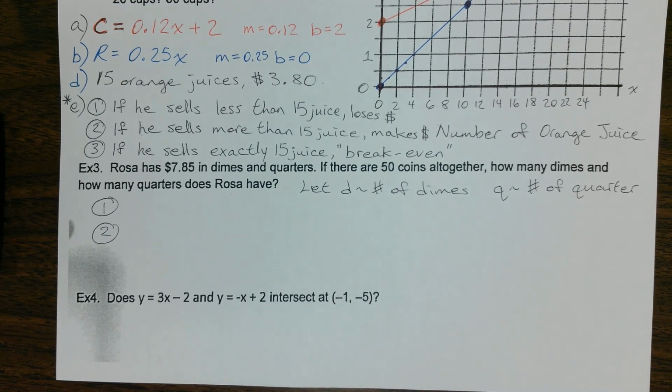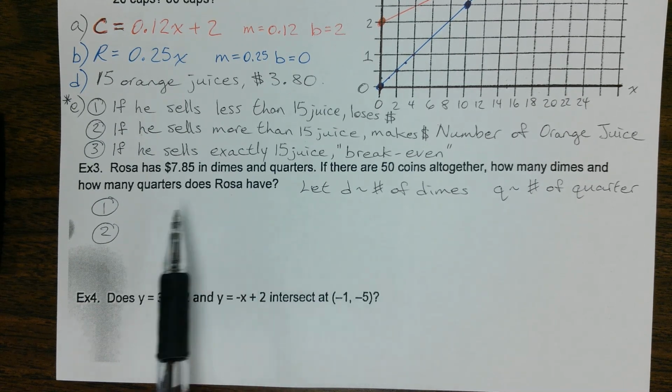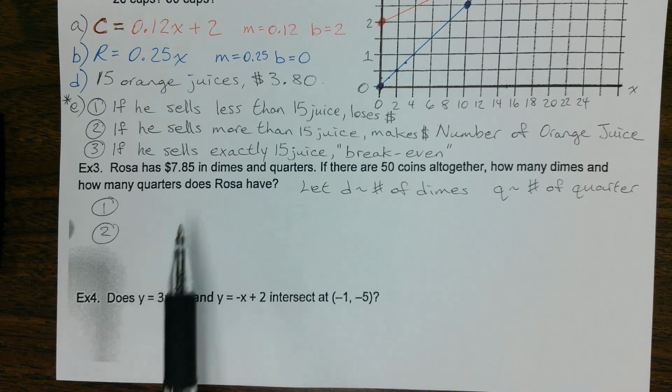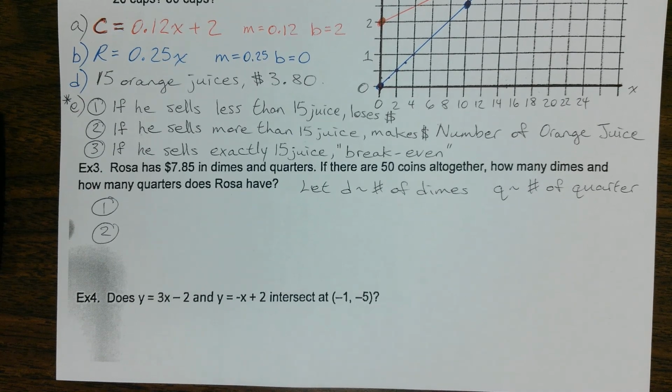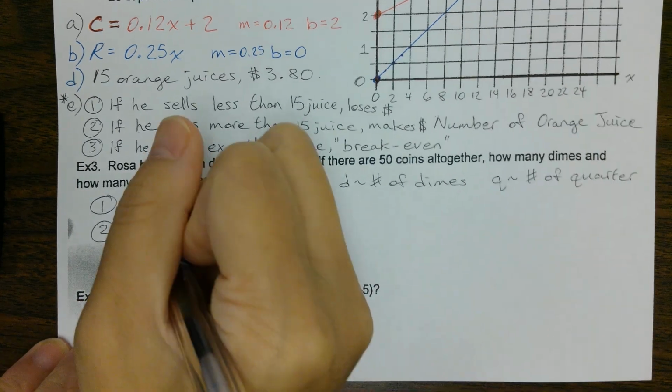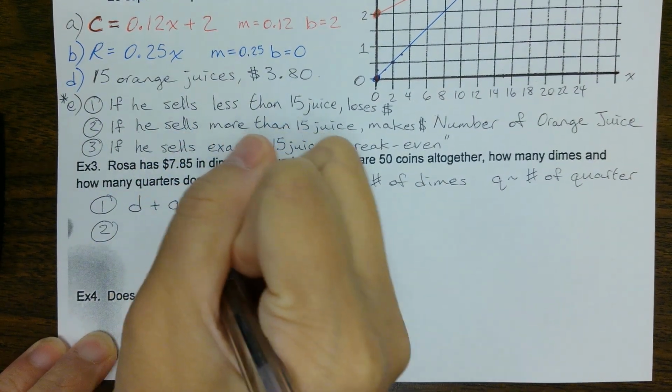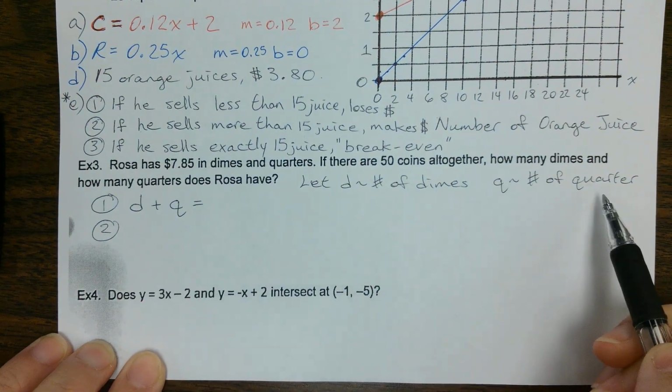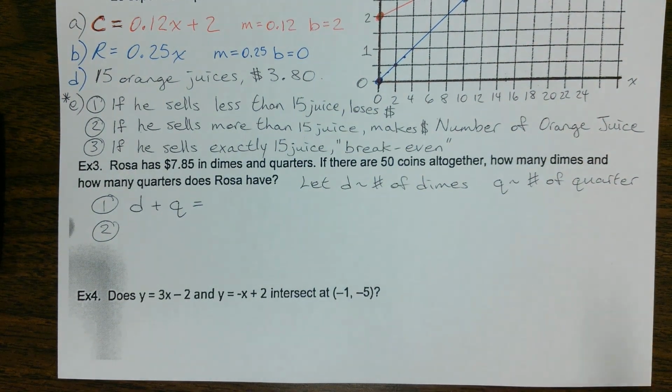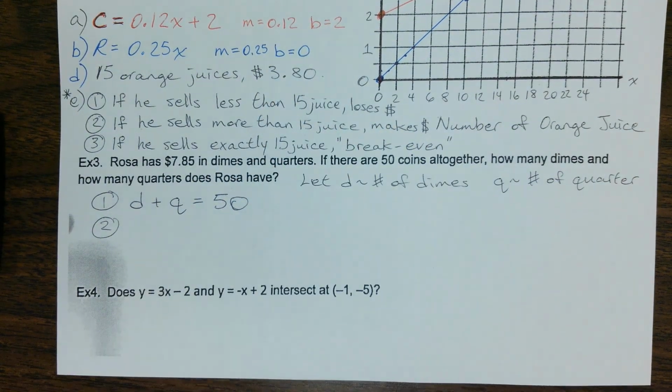So I need to come up with 2 equations. Okay, you're so close. D plus Q, I like that. Remember, this is the number of dimes plus the number of quarters. It should equal the number of coins, which is 50. So that's your first equation.